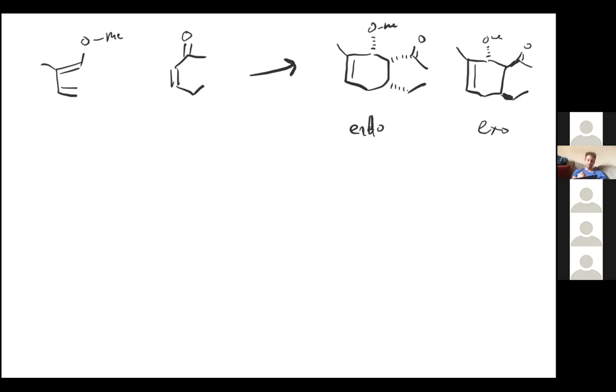Alternatively, if we were to rotate our dienophile the other direction, so now the ketone is on bottom, we could also get an exo from that.